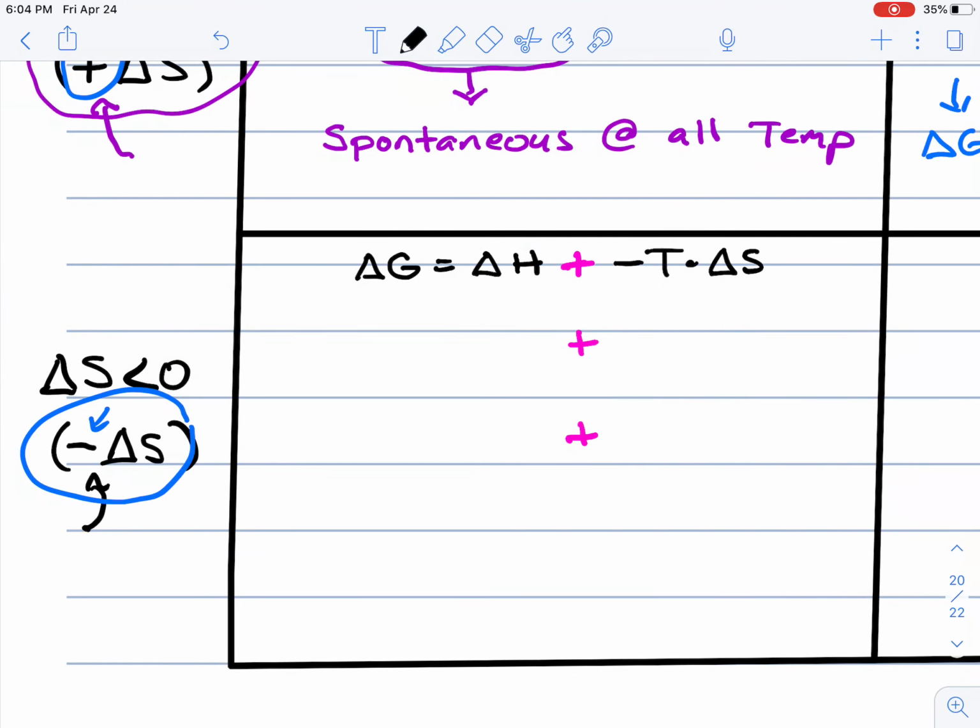All right, so in this case, we have a negative value for delta S. So let's go ahead and say, I'm going to replace this term with a negative value. I know that this value right here is also going to be negative, and we're going to multiply them together. And when we multiply them together, this is going to create a positive value.